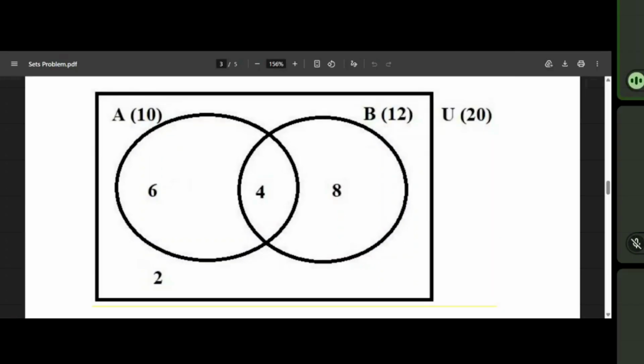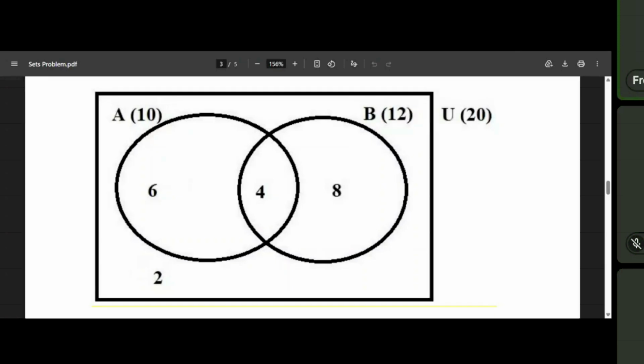Let's say, for instance, you have diabetic patients who are also hypertensive. Let's say the A is the diabetic patients, the B is the hypertensive patients. So those who have diabetes, they are 10. But there are some people who have diabetes and they also have what?